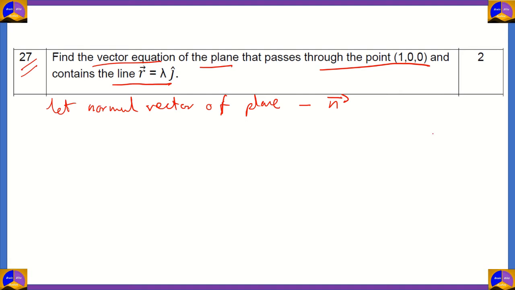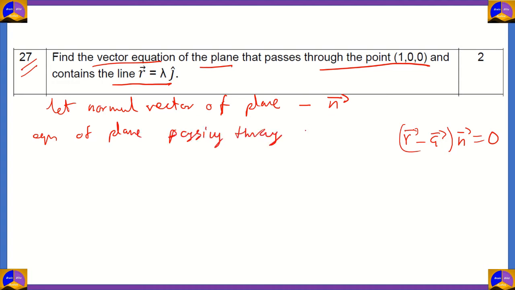Now, we all know that the equation of a plane passing through any point is (r bar minus a bar) dot n bar equals 0. Here, we need to find the equation of the plane passing through (1, 0, 0).